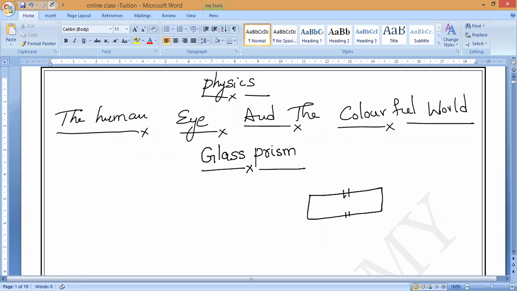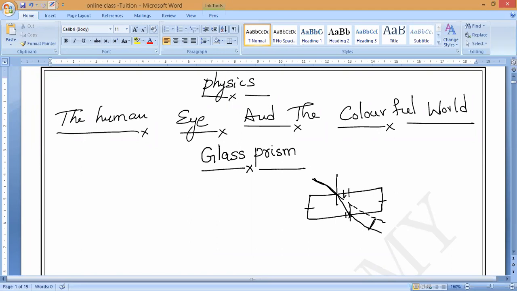Parallel sides are equal. Because the sides are parallel, whatever light is falling on it, refraction will take place. Again, at the second surface, refraction will take place, and the emergent ray is parallel to the original incident ray. This is what we have studied.